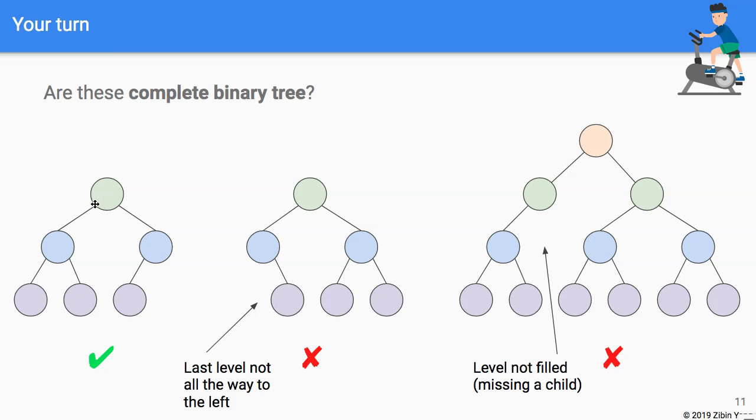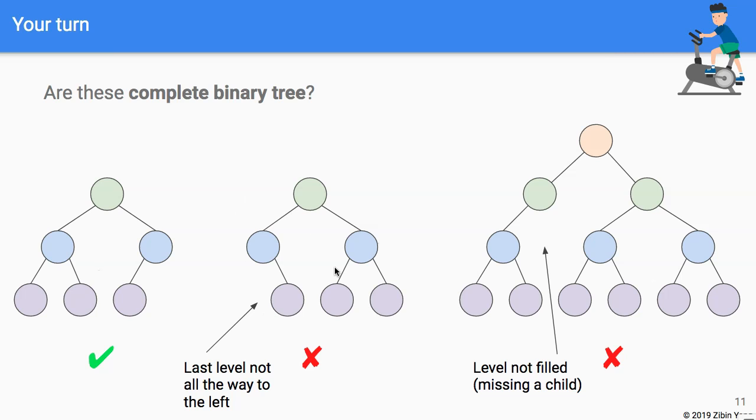There's only one root node, and then the second level has two nodes, and that's as many nodes as there can be on the second level. Now the last level, the third level, some node is missing, but it's okay. The last level is not required to be completely filled, and all the nodes are as far to the left as possible, right? The missing one is on the right side, so it's fine. So this is a complete binary tree.